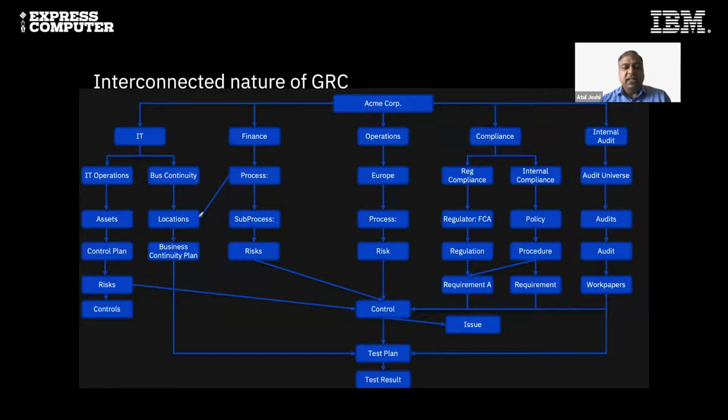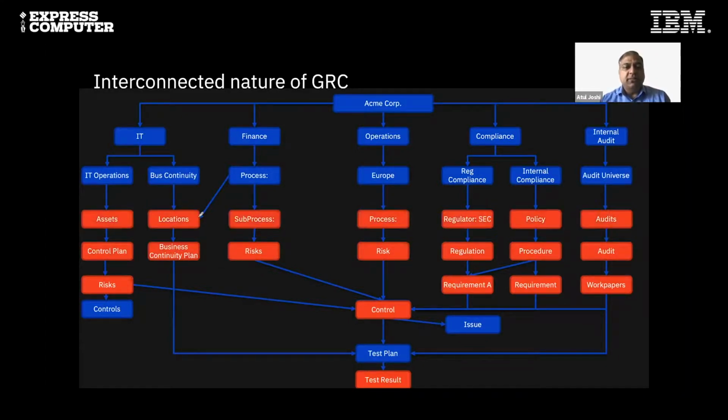And in case there are any challenges, right? If you observe something and then there is a need to do a reassessment or test it again, then it percolates upward. So a test result necessitates a common control that needs to be present across my IT applications and my operations and compliance, the impact of that on my audit reports, and how do I then reassess those risks which are impacting my processes and geographies and so on and so forth.